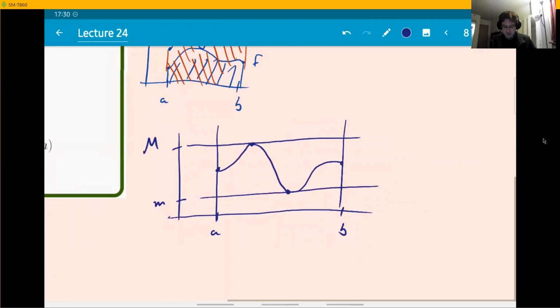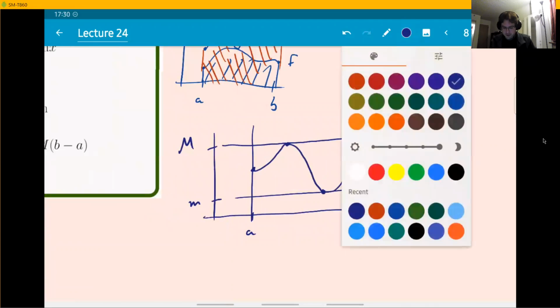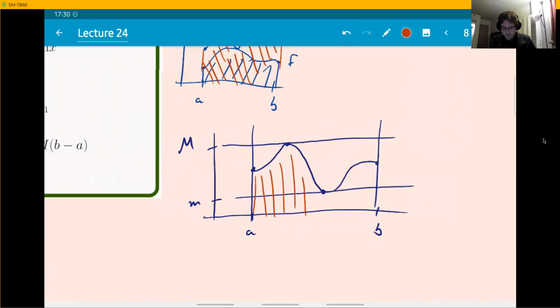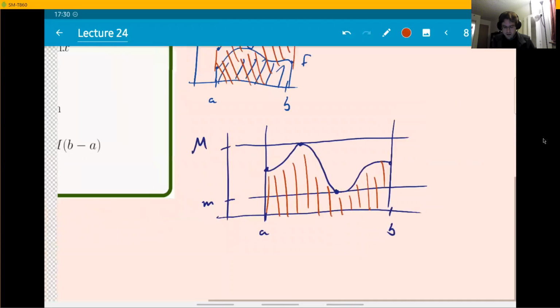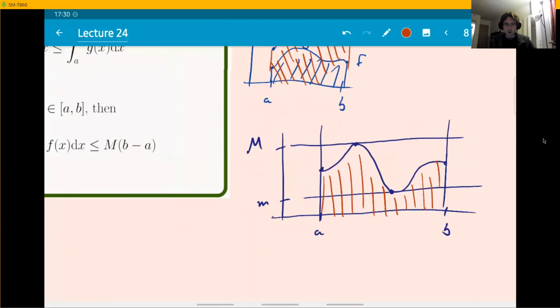Okay, so the integral of the function f is actually this red area. You can see that this red area is smaller than, strictly smaller in this case, this number, big M times (b minus a). What is that number? That's the area of the entire rectangle.